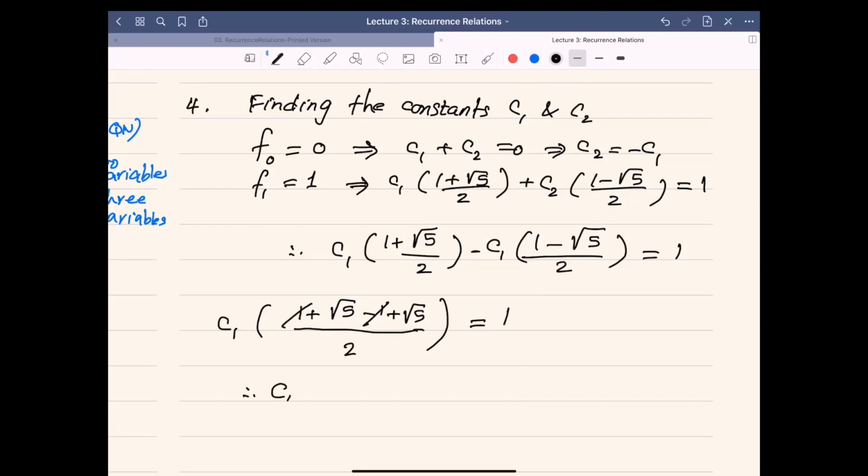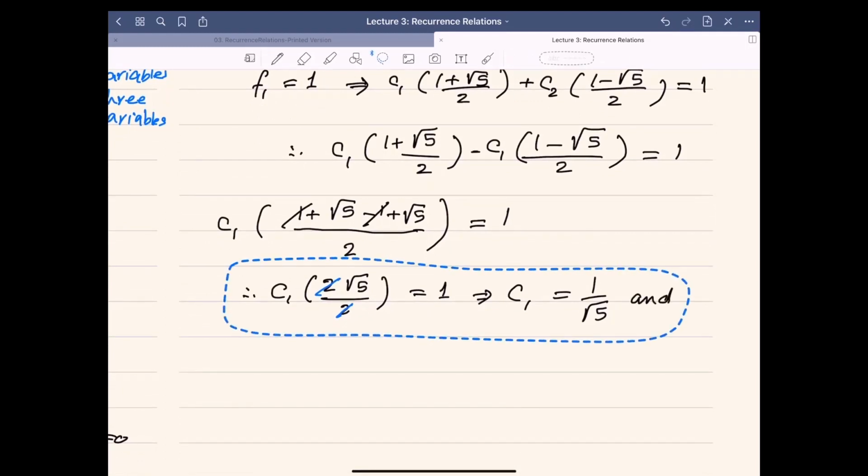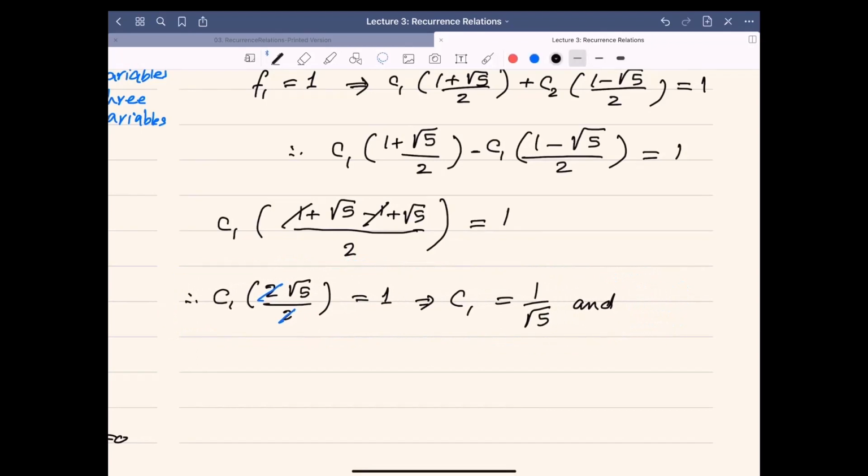So we will have C1 times 2 square root of 5 over 2, because here we have square root of 5 plus square root of 5, is equal to 1. So 2 will go with 2. So the value of C1 will be 1 over the square root of 5, and C2 is equal to minus 1 over the square root of 5.